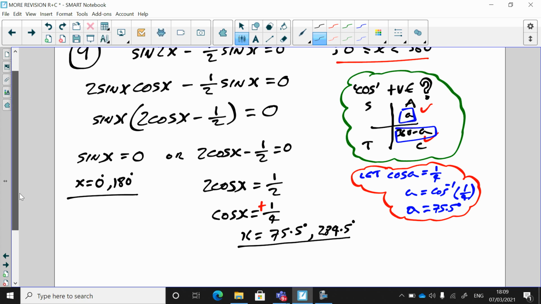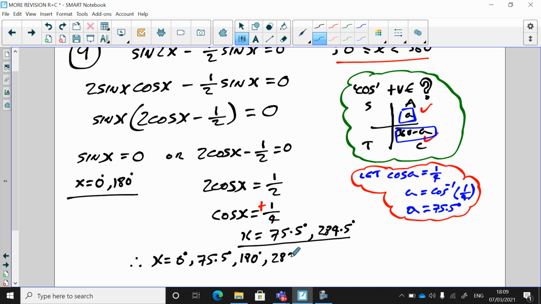So I'm just going to bring my solutions together here. I'll just put them in. So I'll get 0 degrees, 75.5 degrees, 180 degrees, and the big one's 284.5 degrees. That looks okay.